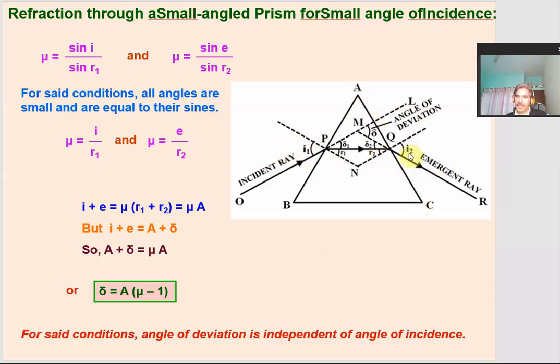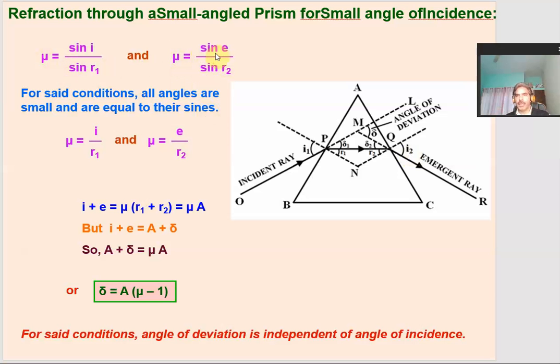But we already know that the refractive index of medium 1 with respect to 2 is equal to the reciprocal of the refractive index of medium 2 with respect to 1. So we can take the reciprocal of it, and we get again the refractive index of glass with respect to air, which is simply mu as earlier.